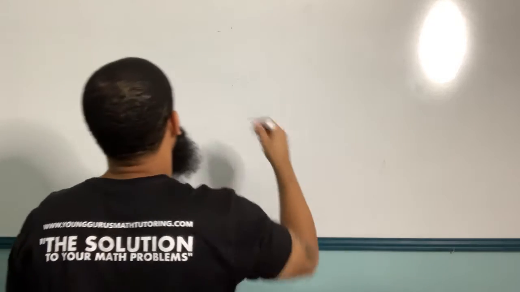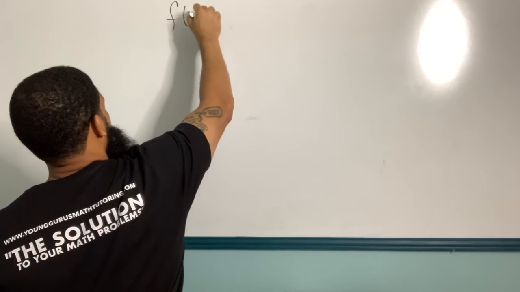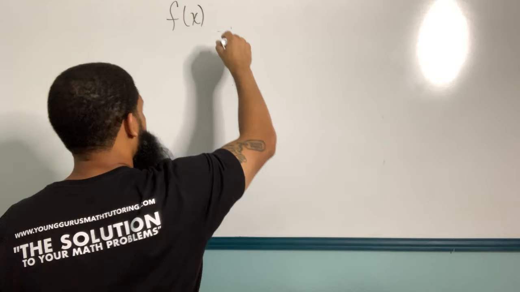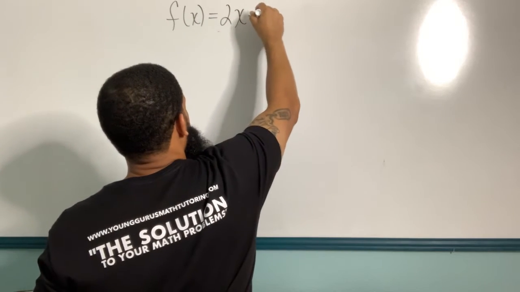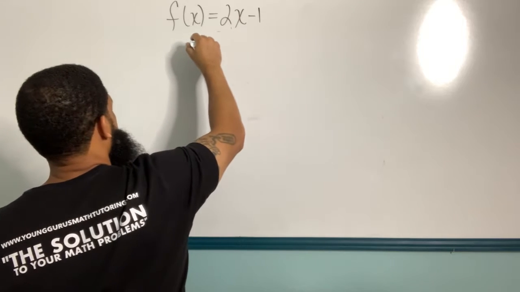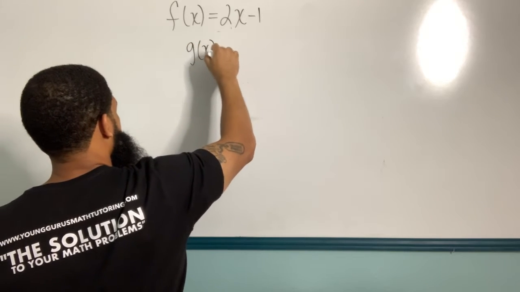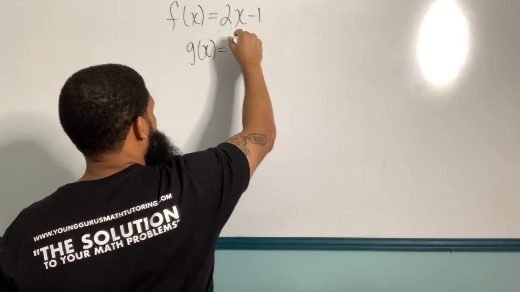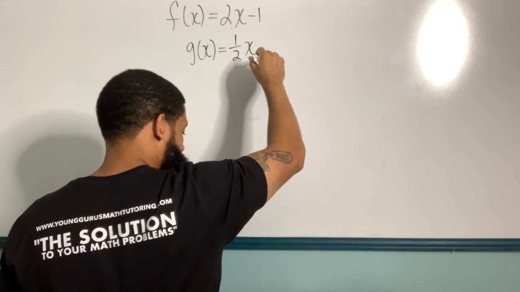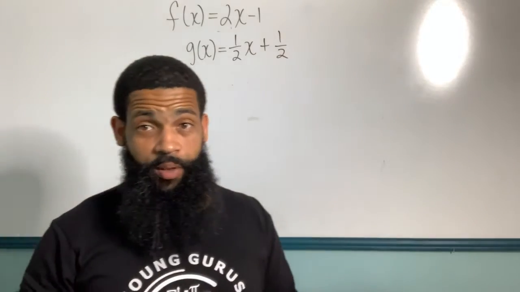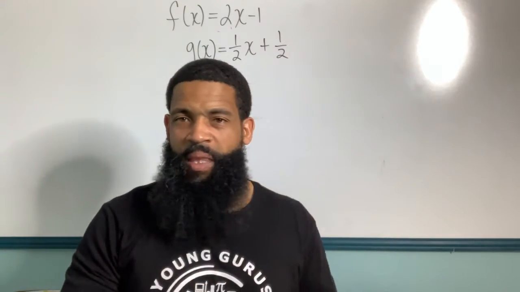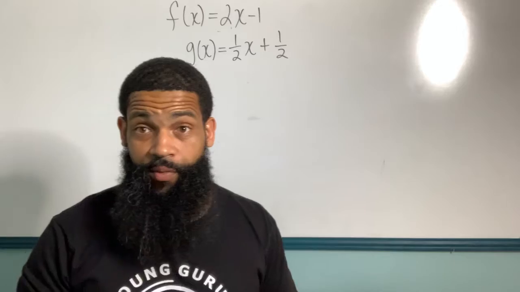Let's say I have f of x equals 2x minus 1, and let's say I have g of x equals 1/2 x plus 1/2. Now, in the original part, I told you f of x and f inverse of x, it's the same thing. g of x can be f inverse of x.